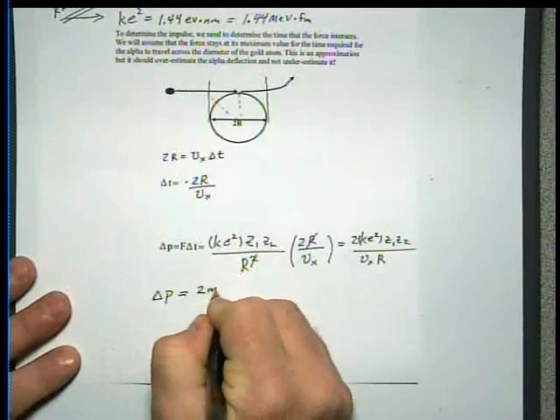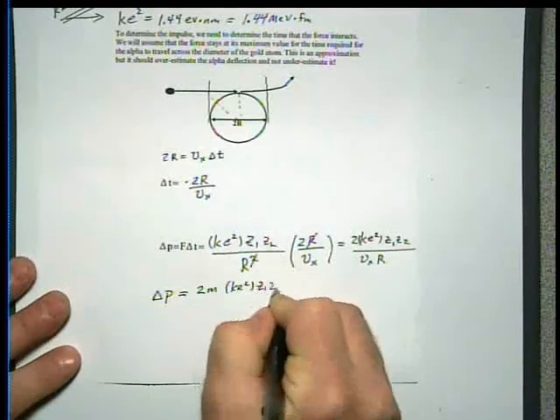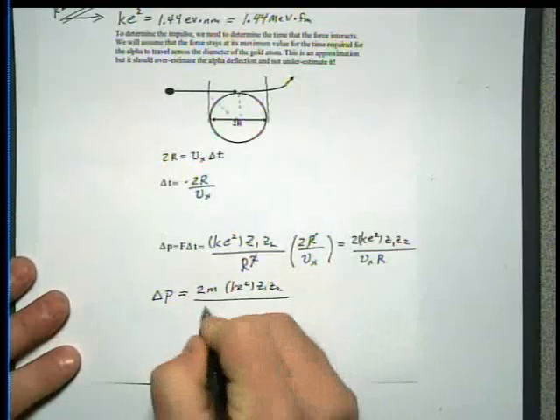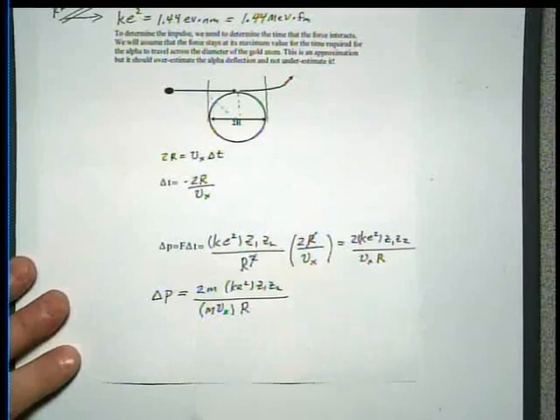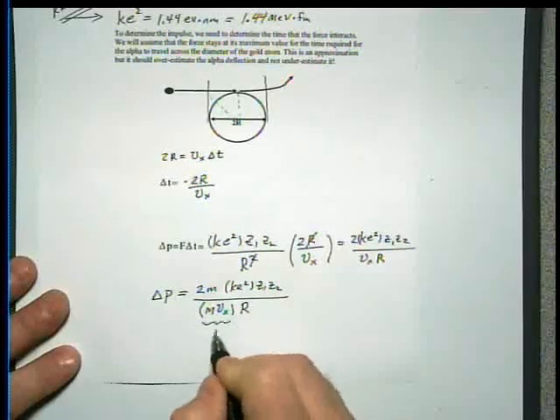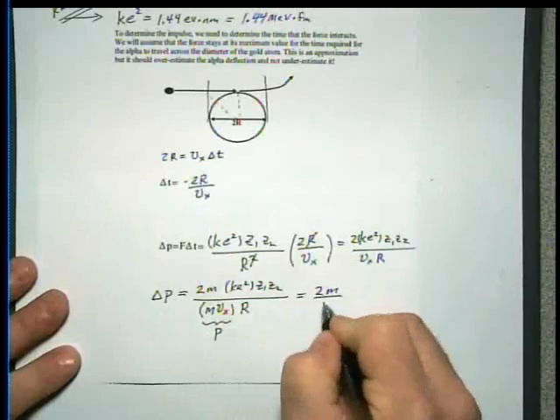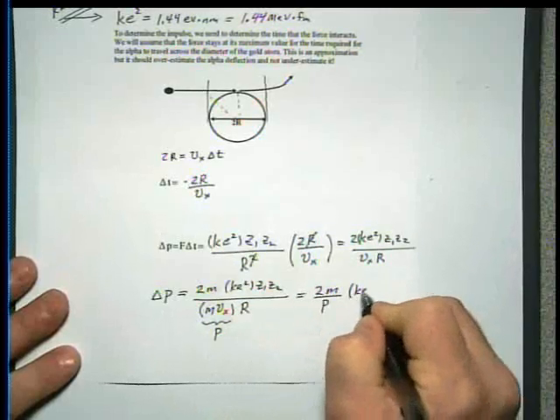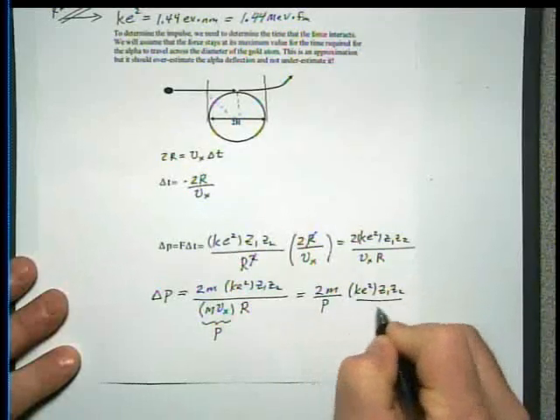On the bottom I got mvx, well, that's just my initial P. So 2m over P, times e squared, Z1, Z2 over R.